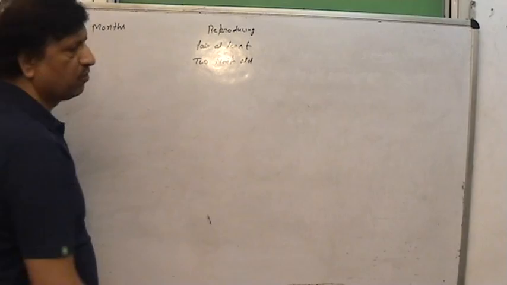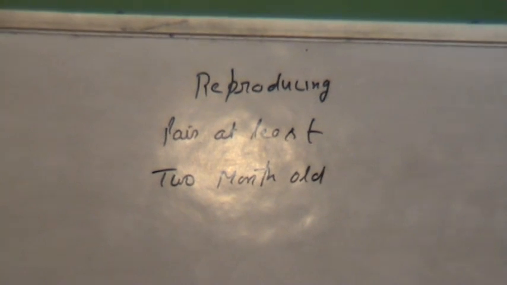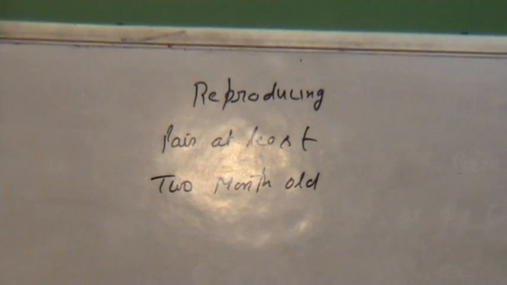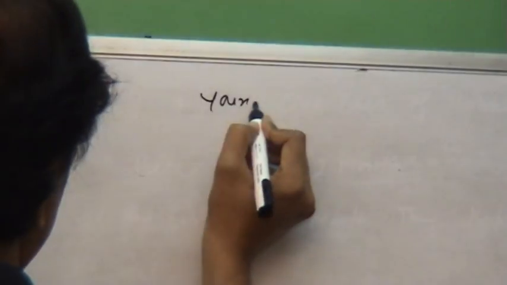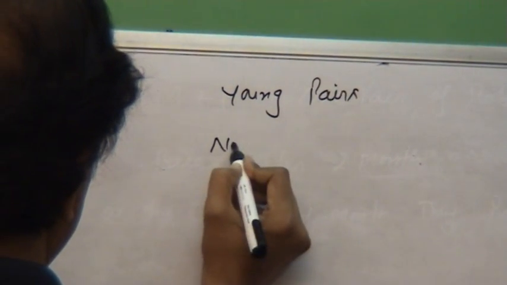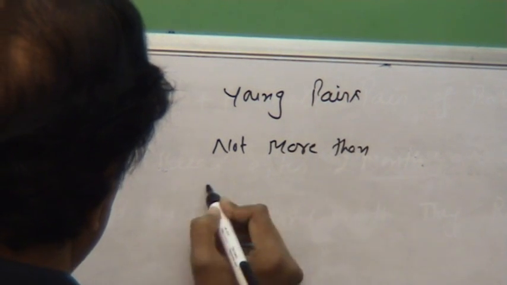In this column, we will keep only those pairs of rabbits which are at least 2 months old. It means 2, 3 or more than 3. Here the young pairs, not more than 2 months.